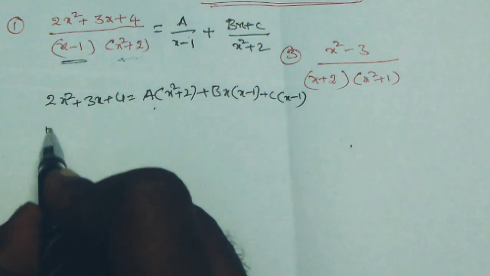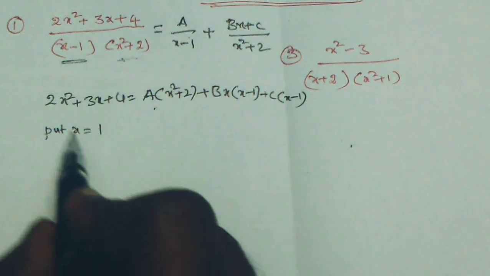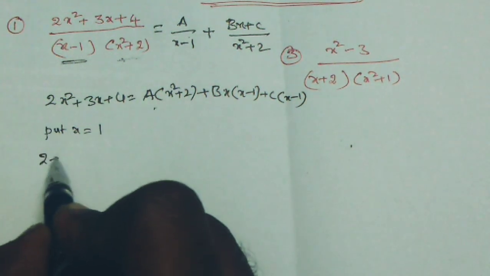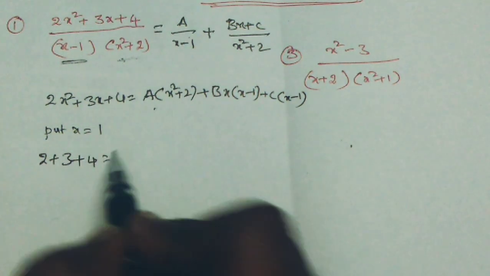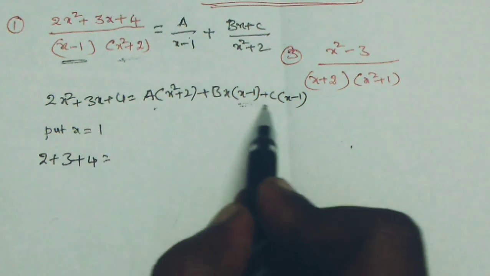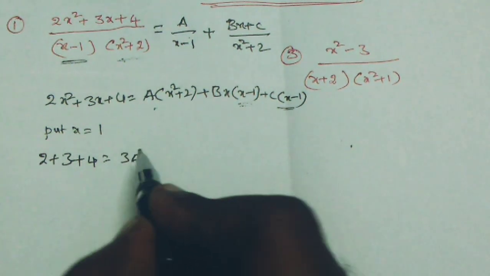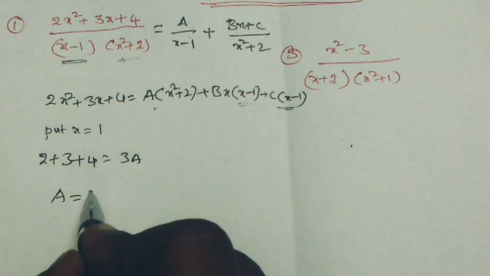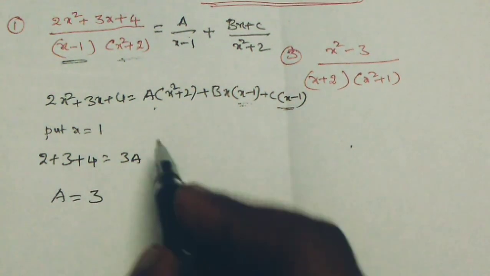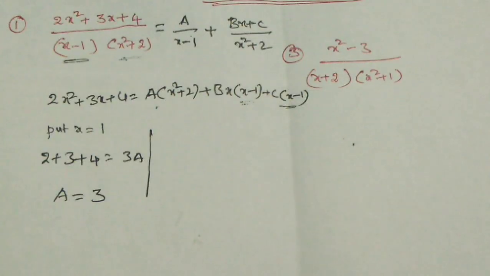According to type 1, put x = 1. When x = 1, this becomes 2 + 3 + 4 = 9, this becomes 0, this becomes 0, this is 3a. So a = 9/3, that is 3. So this is the way of finding one term, a.